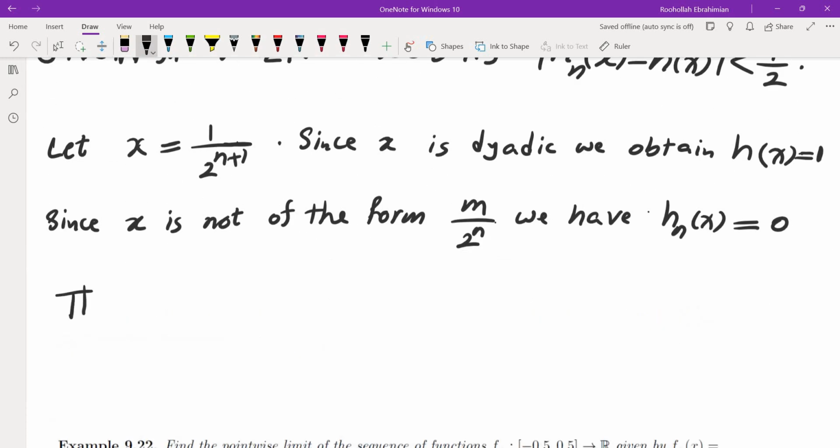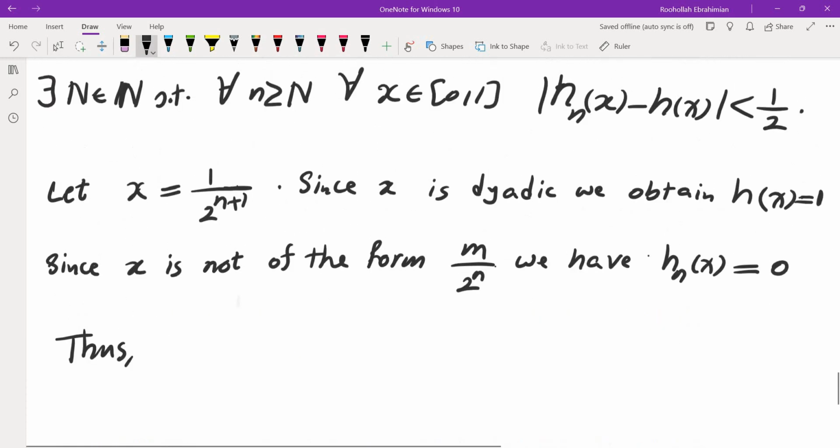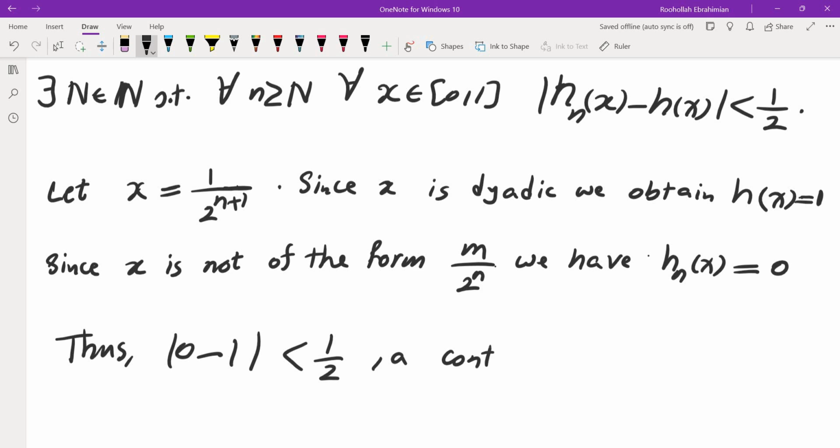So that means Hn of x is 0, h of x is 1. So that's less than 1/2, which is a contradiction again. So this sequence is also not going to converge uniformly. There is a convergence, but it's not uniform.